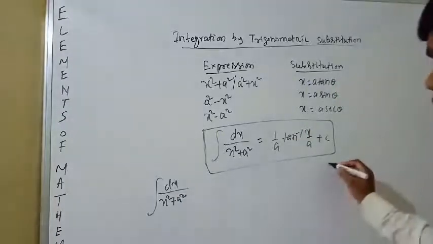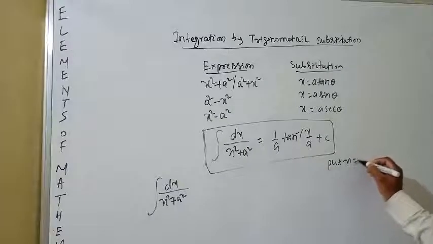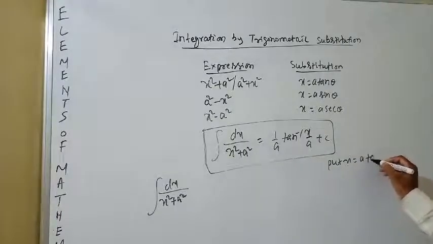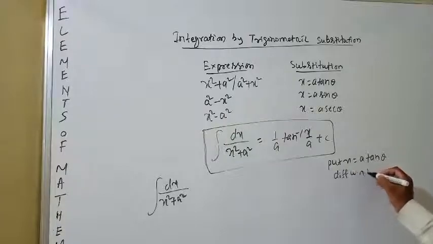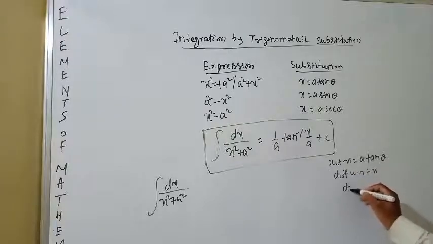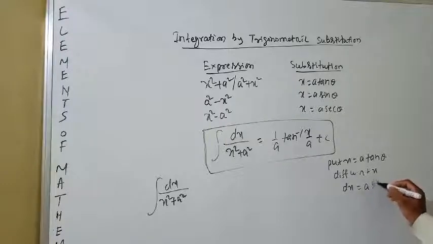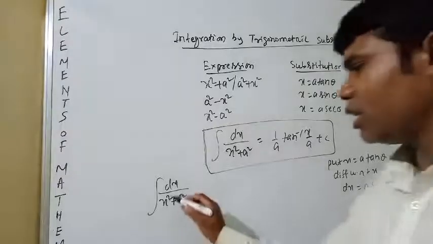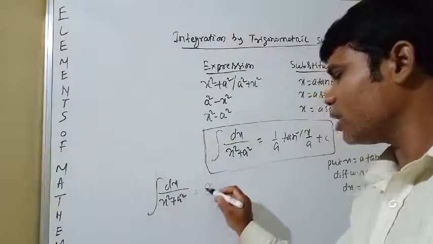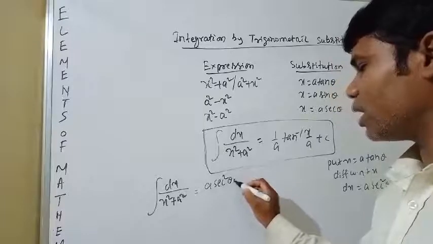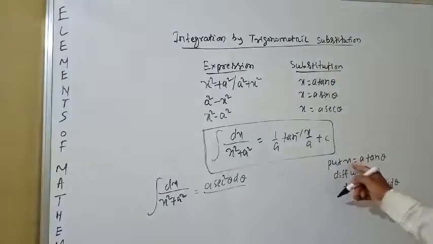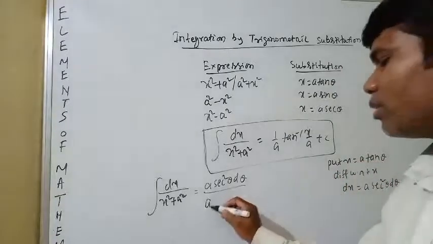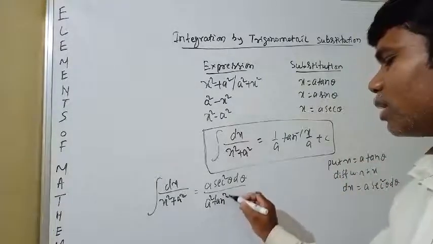Here you see, integration of dx by x square plus a square. Now you put x is equal to a tan theta, differentiate with respect to x. dx is equal to a sec square theta d theta. Here you write dx is equal to a sec square theta d theta. x square is equal to a square tan square theta.